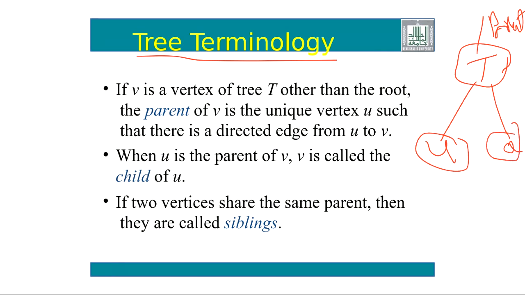When U is the parent of V, V is called the child of U. You can consider this is U and this is V, this is a child and this is a parent. If there are others like A and B, we can say they are siblings, like sister and brother.